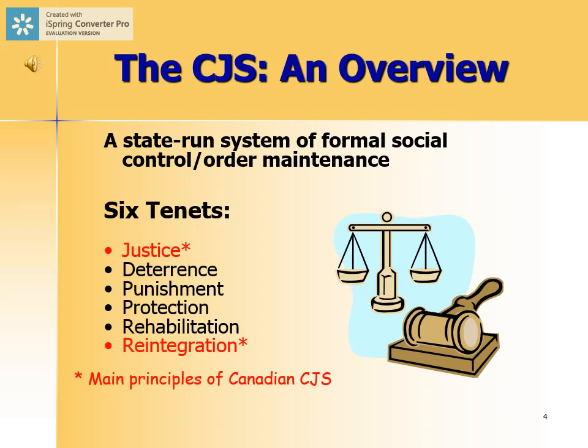The fifth tenet is rehabilitation, and this is about basically rehabilitating or treating offenders so that they don't commit more crimes in the future. And finally, there's the aspect of reintegration, and this is often not considered a tenet of the criminal justice system, but it's a fundamental one in Canada. And basically this means getting offenders back into the community, out of incarceration, or even avoiding incarceration altogether.